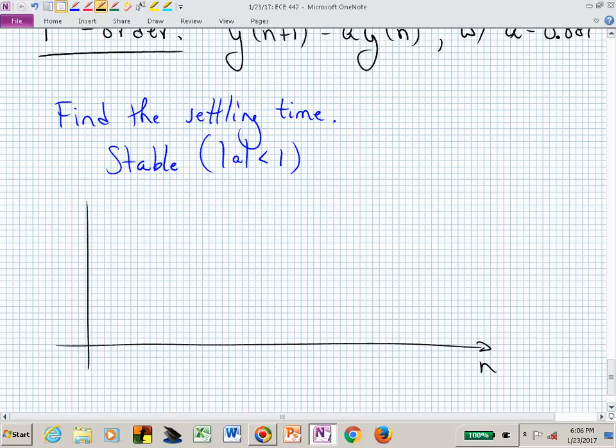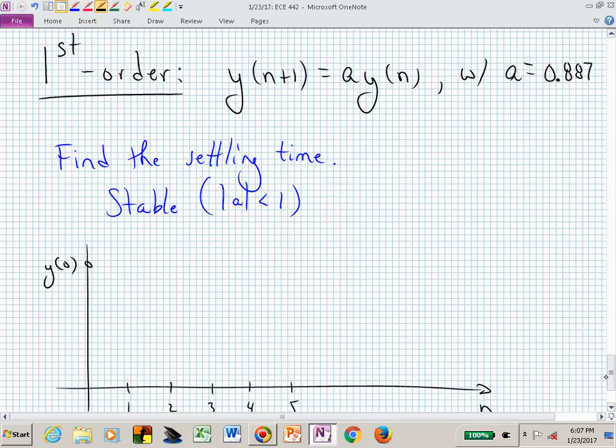Right? Wasn't that funny? But what is it? We now have y of 0, and then what happens? Where's y of 1? How big is it relative to y of 0?